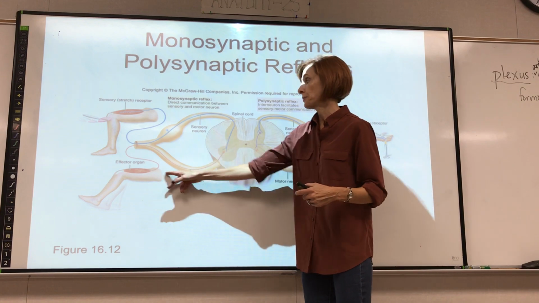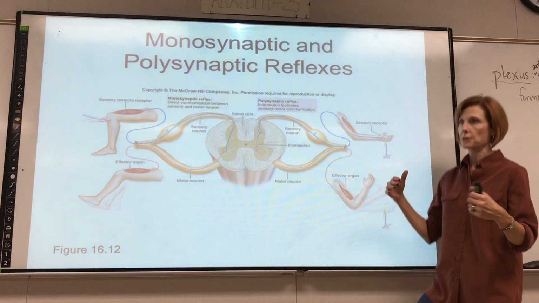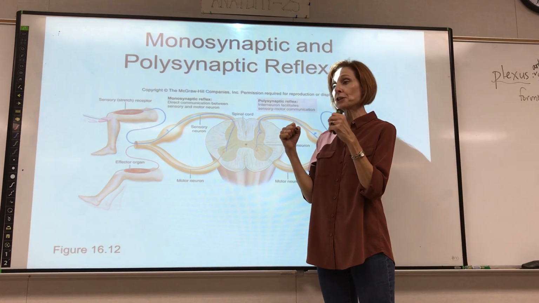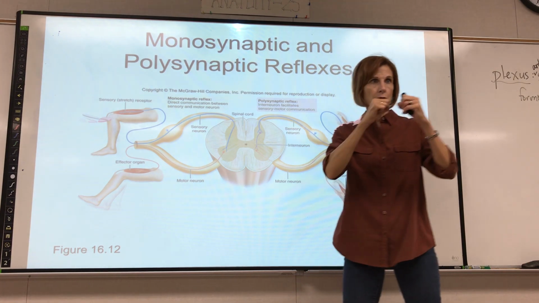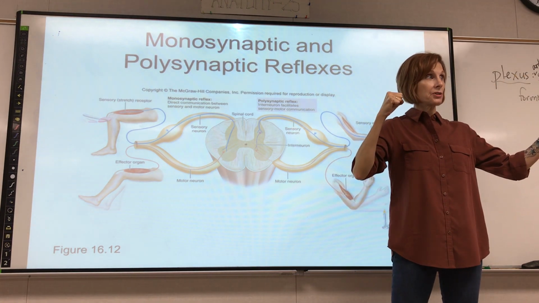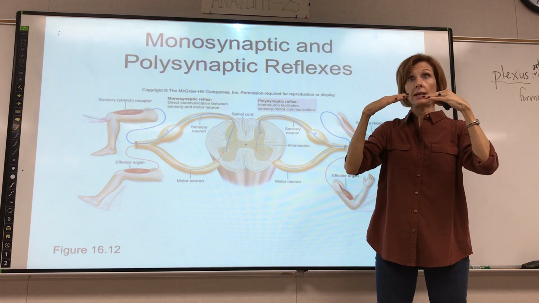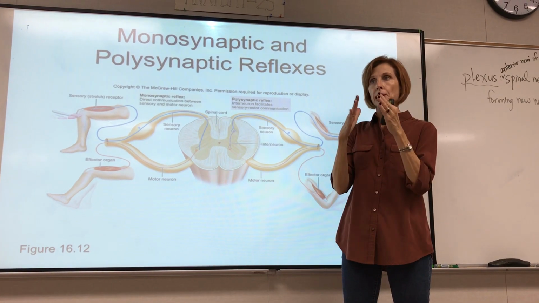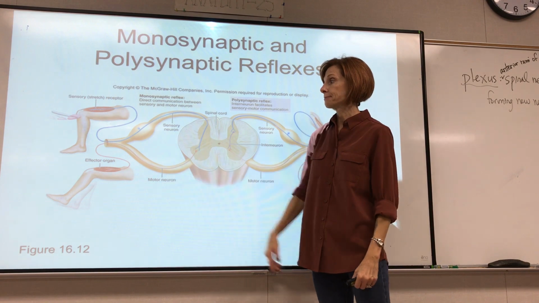So what this is really for is it helps to maintain posture, it helps to keep us from just collapsing, and it also keeps the muscle at a good length for a contraction. You guys know that if we stretch our sarcomeres out too much, then the myofilaments can't connect, and so the muscle can't contract. So this helps to bring the muscle back to a better length for contraction. And it's called a stretch reflex.